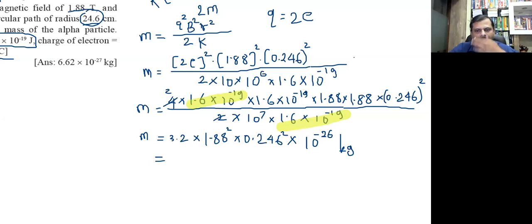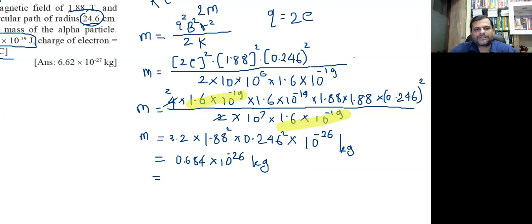Sir, 0.68. ठीक है मैं कर रहा हूँ, एक मिनट। तो 0.246 into 0.246 again and multiplied with 3.2 correct, 0.684 correct है ना, 0.684 and that is multiplied with this 10 raised to minus 26 kilogram.